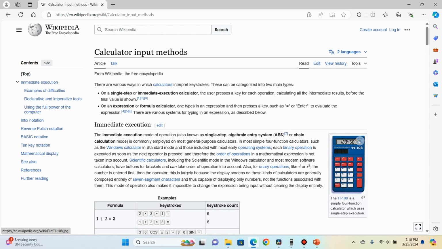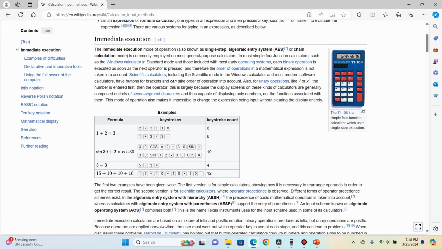So what it comes down to is the different input methods. And a good example is there are different problems out there. For example, there's a pretty popular one, in the example they've got here, the problem 1 plus 2 times 3. What does that equal?